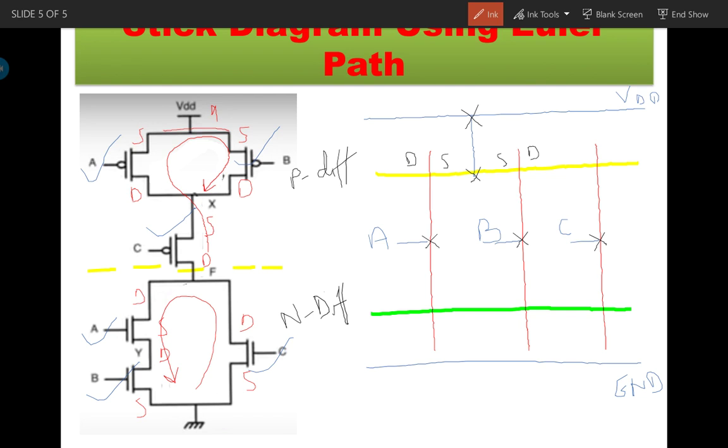Now second, the drain of A and the drain of B are connected together. So again we will take the blue line for the connection.